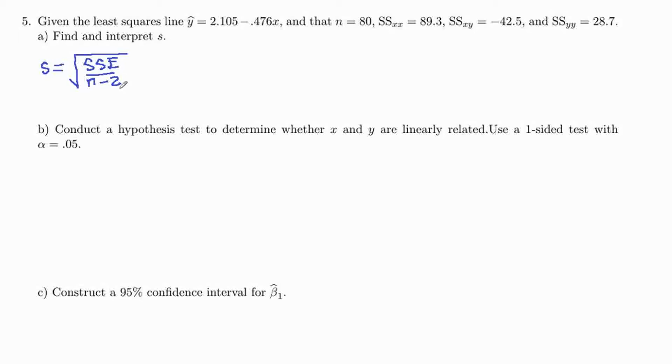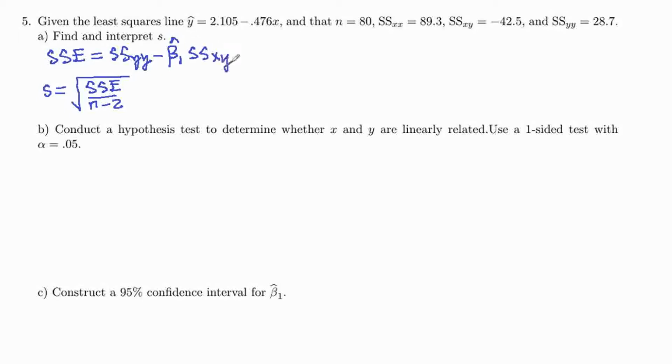And then remember here that our SSE, actually probably should go ahead and bring this down below. So our SSE is sum of squares of yy minus beta 1 hat, our slope, times the sum of squares of xy. So our sum of squares of yy right there, 28.7.